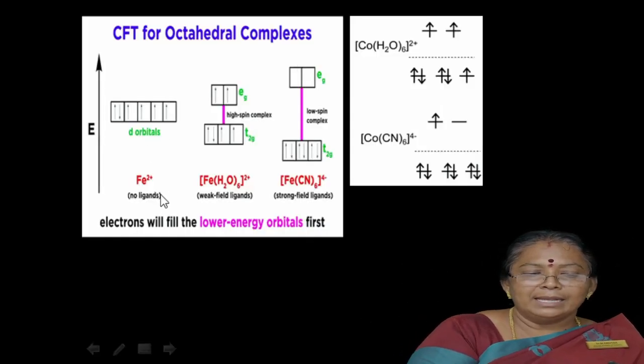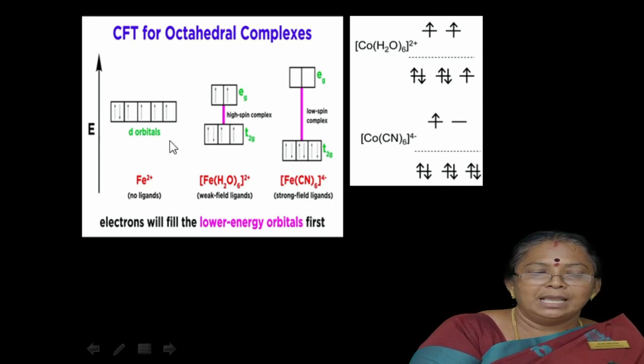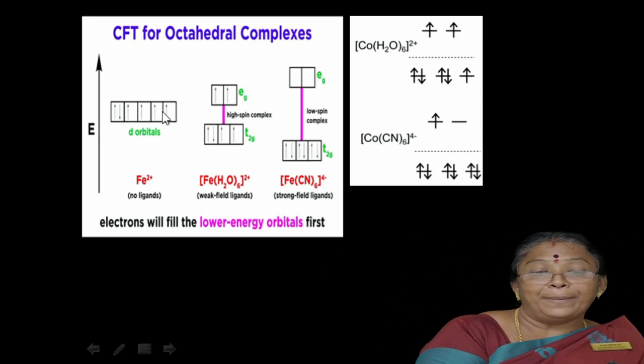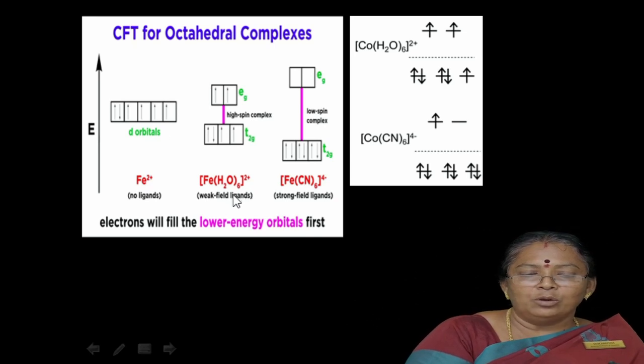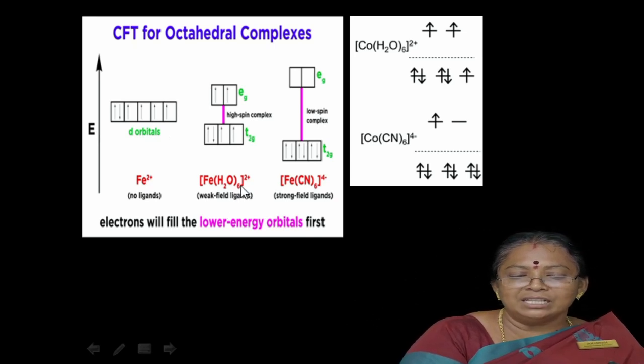You see, here is the Fe2 plus d orbital in the ground state. D6 orbital: here 1, 2, 3, 4, 5, then it starts to fill again with the first orbital paired, according to Hund's rule, pairing is started. Here the water molecule, the aqua ligand, is a weak ligand.